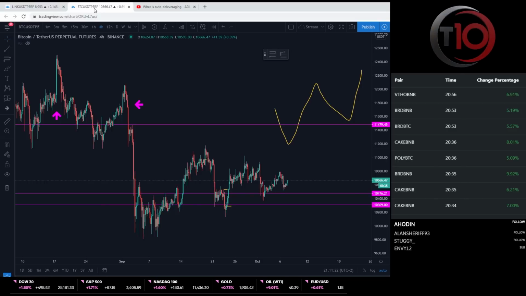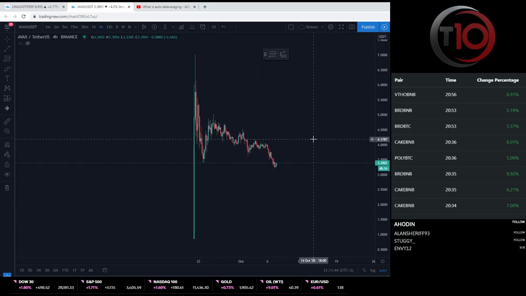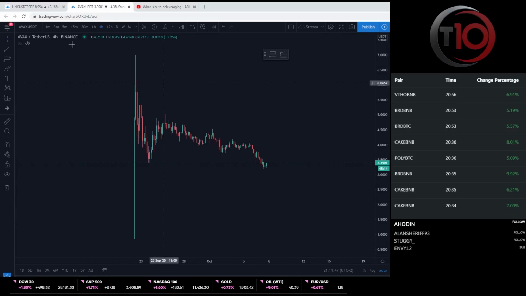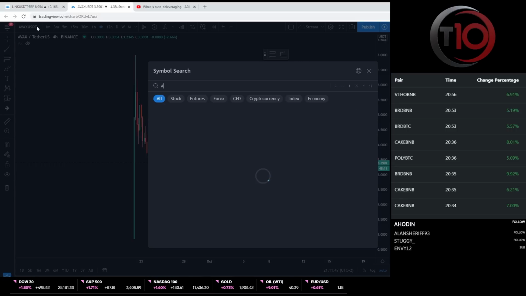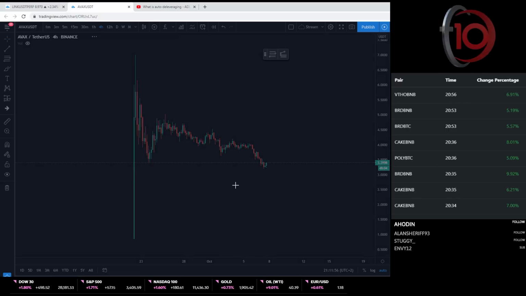Do you have anything else from Binance maybe to look at? I have a watch list, so I think I have some levels. AVAX, oh, it's on Binance. Do we have a better one? Maybe Phoenix, maybe OKX?